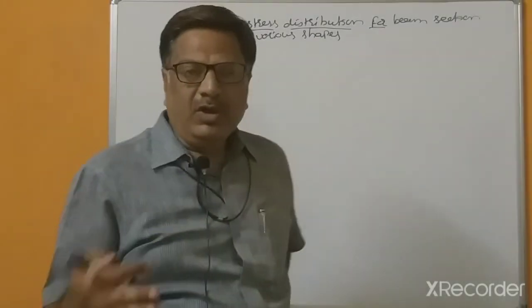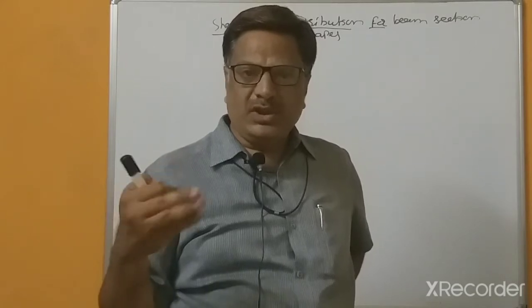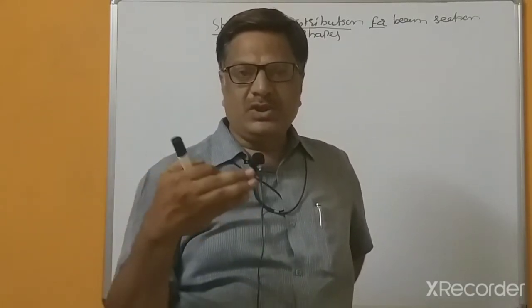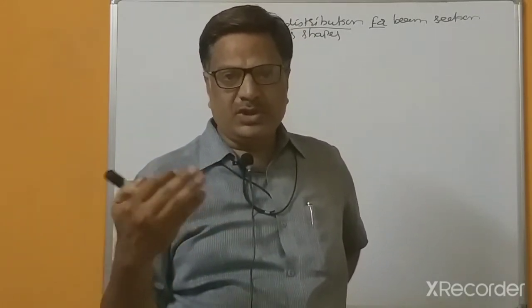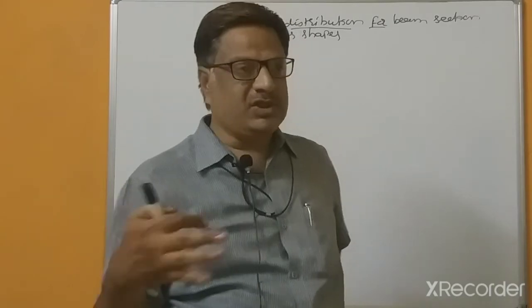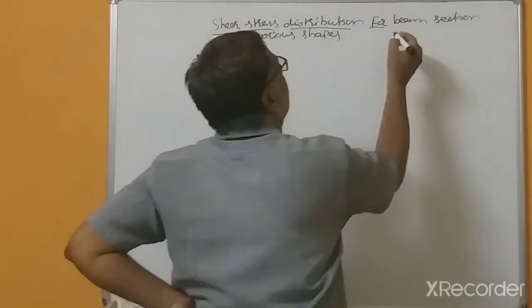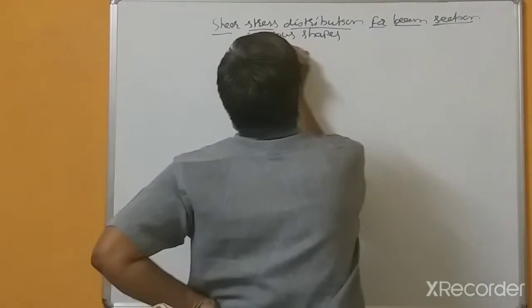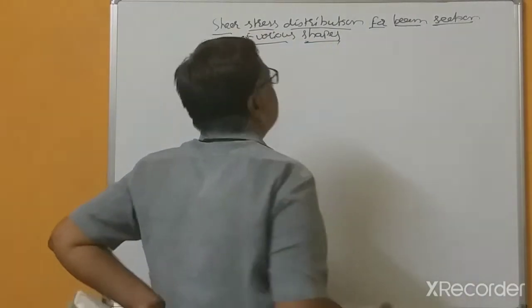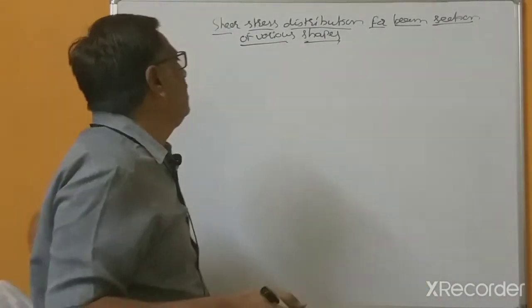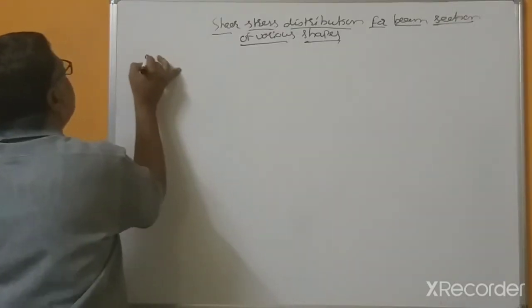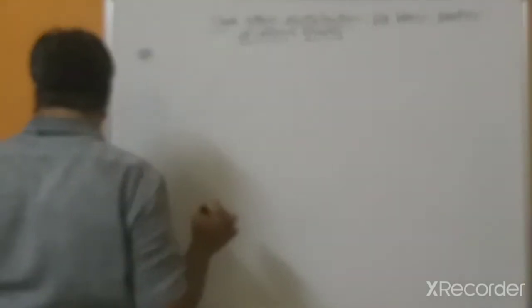So shape may be rectangular sections, circular sections, hollow circular sections, hollow rectangular sections, T sections, I sections. That's why we study theoretical shear stress distributions. First we'll see for a rectangular section.